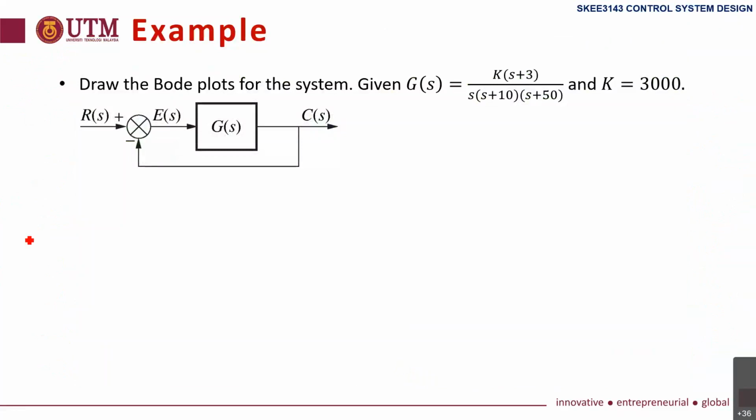Okay, I want you to first, we want to sketch the Bode plot for the system with K 3000. In order to plot, we need all the values. So now I want you to do first normalization.